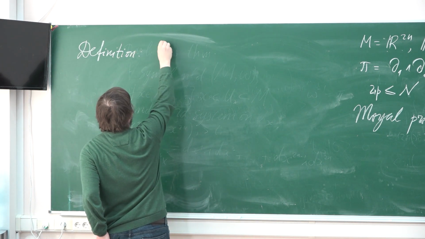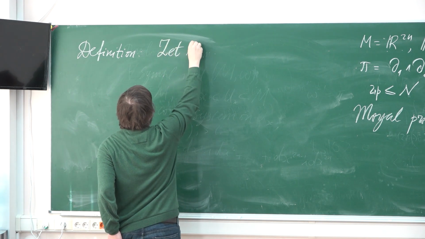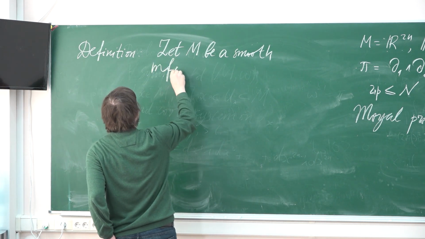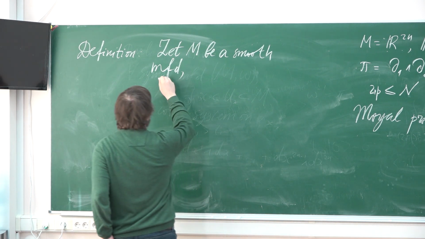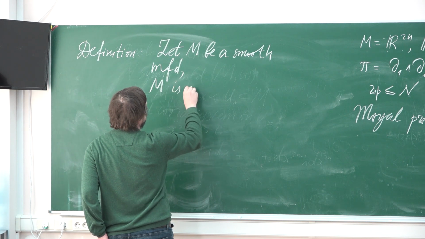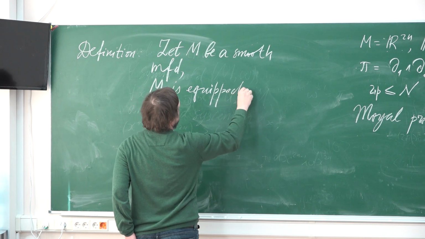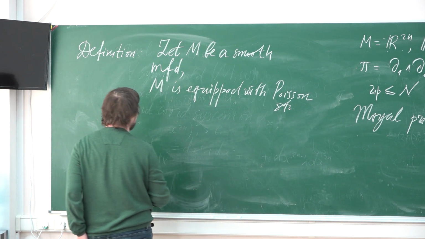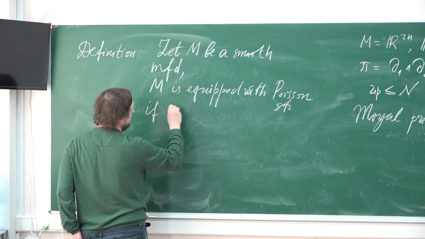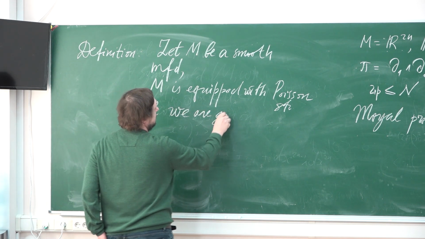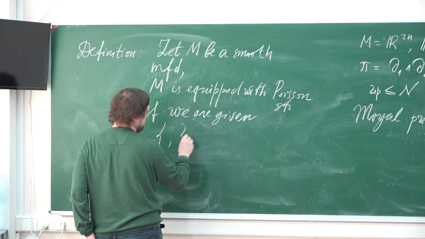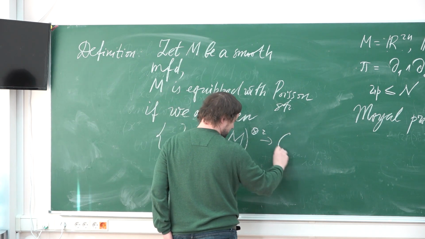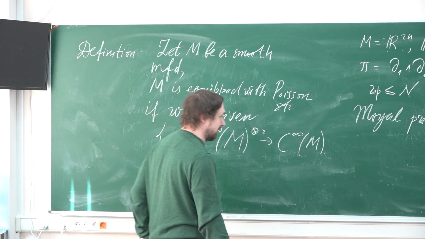One says that a smooth manifold M is equipped with a Poisson structure if we have a Poisson bracket on the functions on M, that is, a bracket from the tensor square of functions on M to the functions on M, and this bracket should satisfy the standard identities.